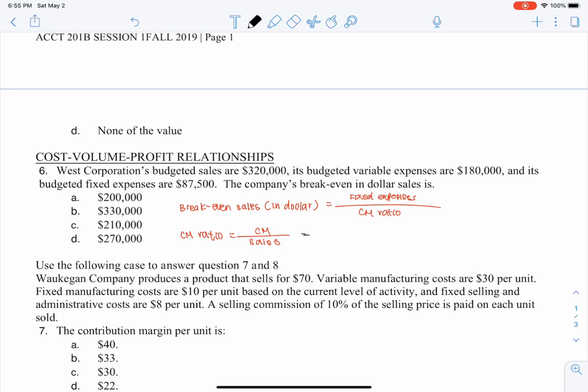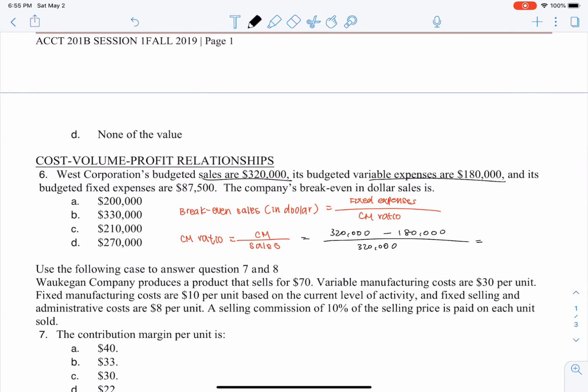The contribution margin is also the sale subtract our variable expense. So it's 320,000 subtract 180,000 and divide by our sale, which is the 320,000. We're gonna end up with 43.75%.